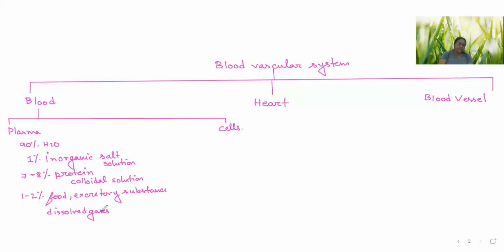What else do you think can be there? There can be regulatory substances, hormones; I am putting together all regulatory substances. Apart from that, any guess? There can be antibodies, although they can be counted as proteins also, and there can be cholesterol. Nutrients, obviously, and anticoagulant. What is the anticoagulant we have in our body? Heparin. So that is also present. So this is the rough composition of the plasma.